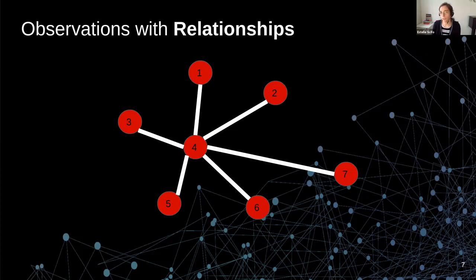With the same dots and this kind of relationship here, we do not have two groups of users, we have one group, and the user with ID 4 is the central user to whom all the other users are connected. So the pattern is totally different, and the conclusions we can draw from our data are also totally different.